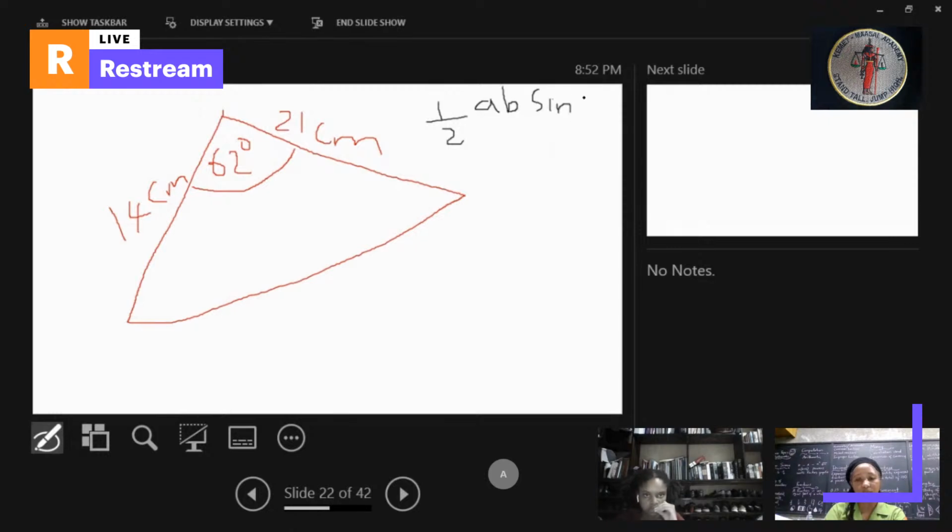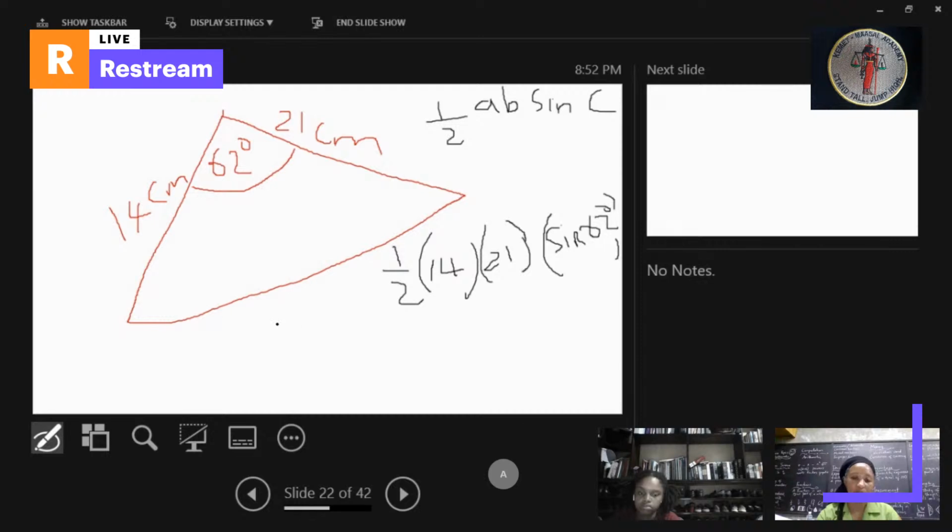All right, so we always write the formula that we're using. So it's half of 14 times 21 times the sine of 62 degrees.